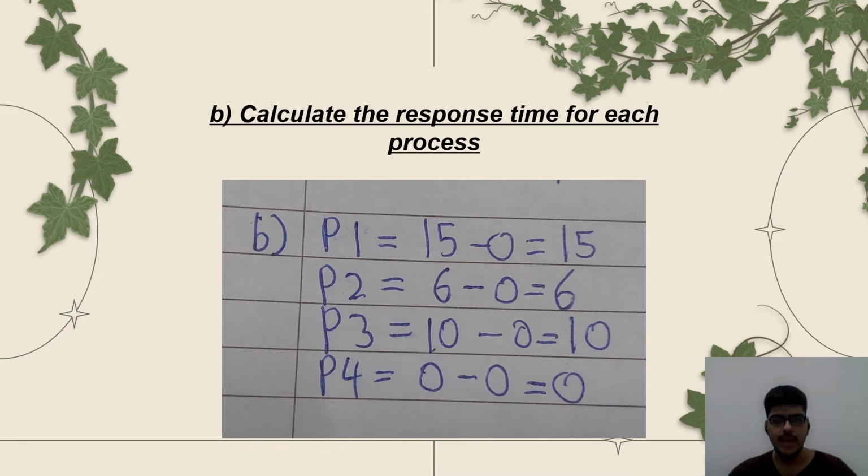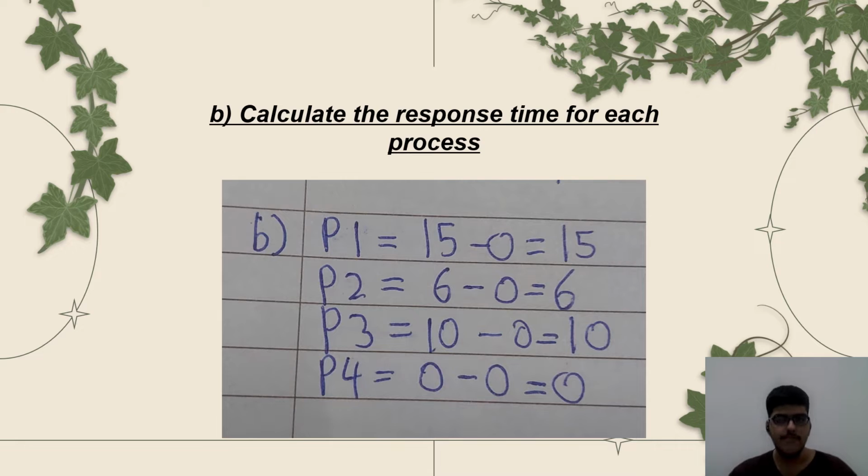For the second answer, question 2B is calculate the response time for each process. You must know the formula for response time. Response time is the time at which the process gets the CPU for the first time minus arrive time.